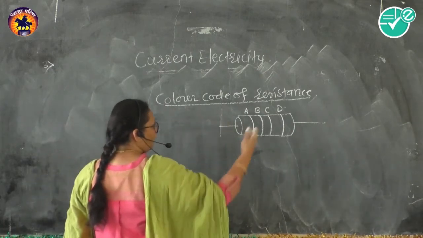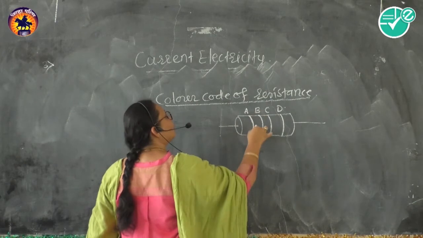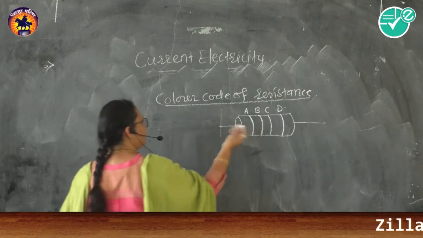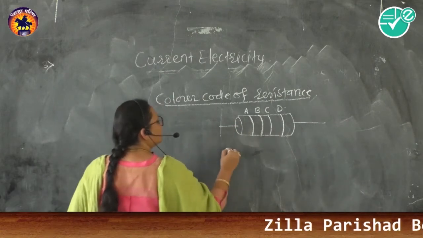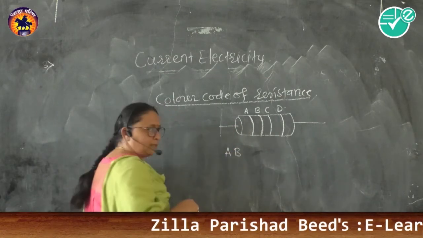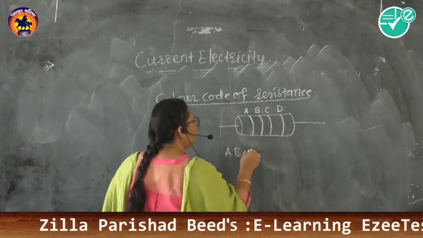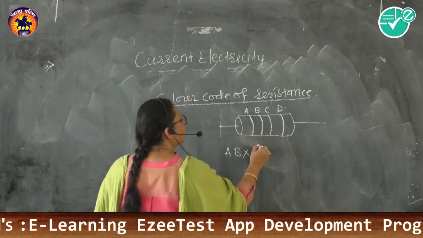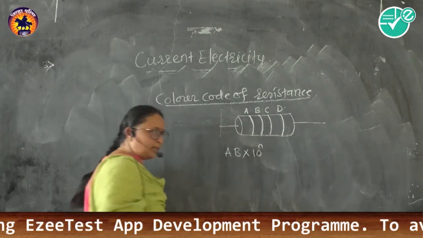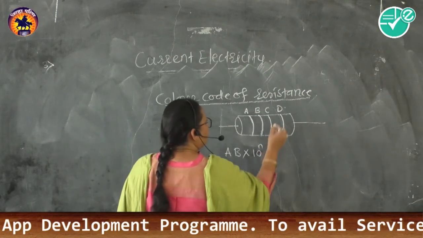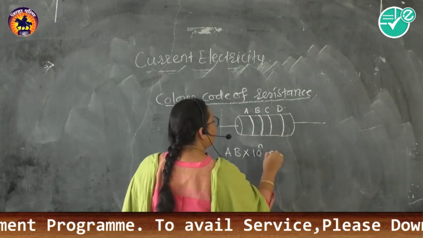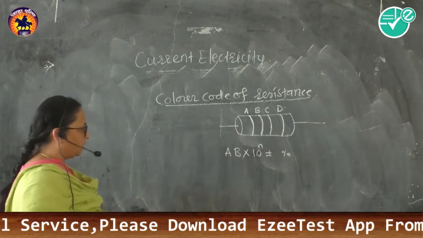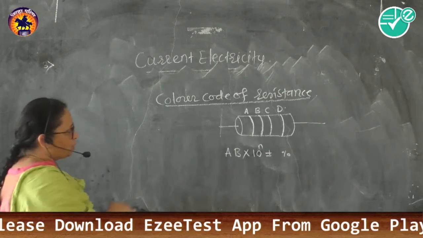Out of these 4 color bands, the initial 2 color bands provide the first 2 digits of that value, A, B. Then the third color band is nothing but a multiplier, that is a decimal multiplier, meaning 10 to the power n, and the last one provides the tolerance, meaning percentage of accuracy.